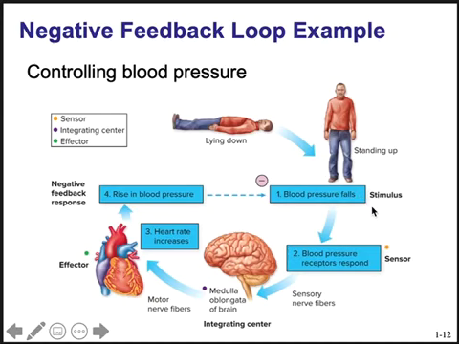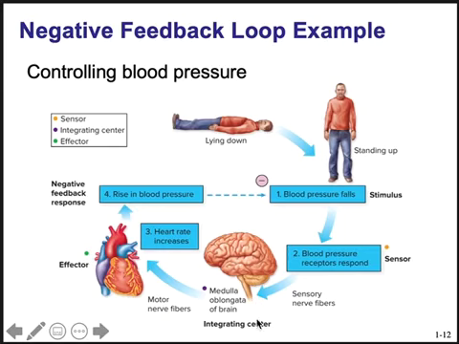This drop in blood pressure will be detected by the sensor. In this case, the sensor will be blood pressure receptors or baroreceptors, and that's going to then send information. And so these are sensory nerve fibers. This is the afferent pathway, and it's going to send this information to the central nervous system, which is the integrating center.